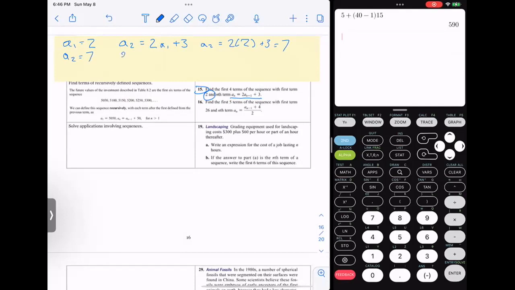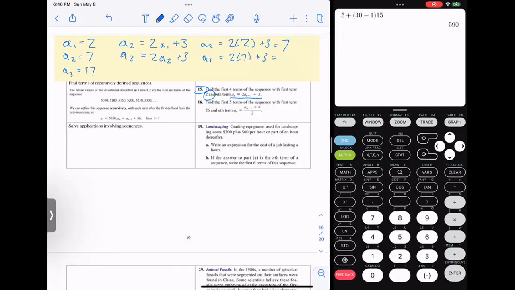All right, let's look at our third term. A3 is equal to 2 times a sub n minus 1, so A2, plus 3. So A3 is equal to 2 times 7 plus 3, which is 14 plus 3, which is 17.